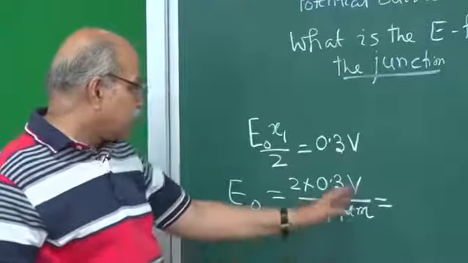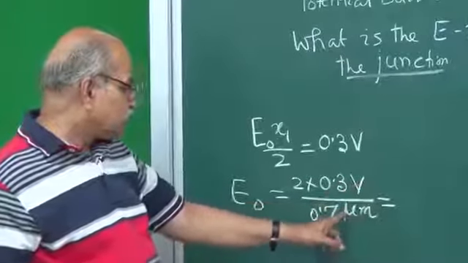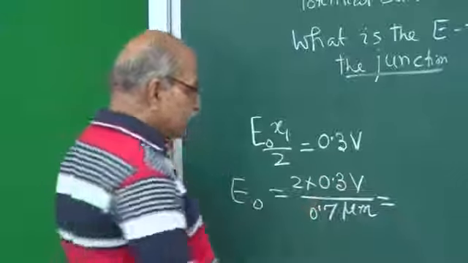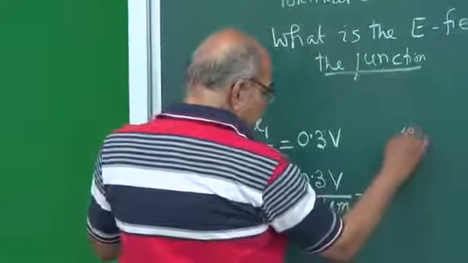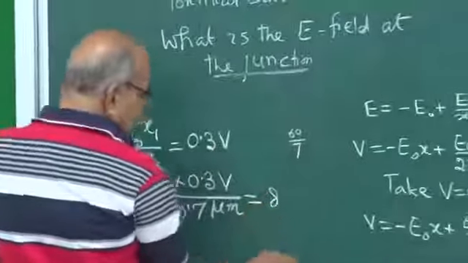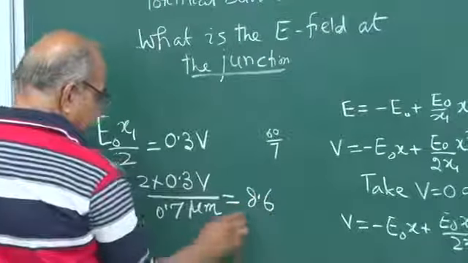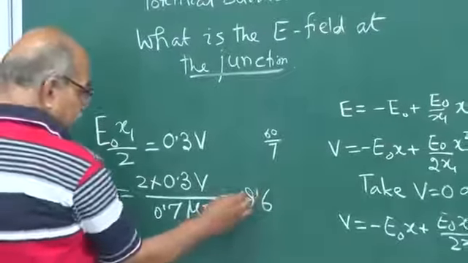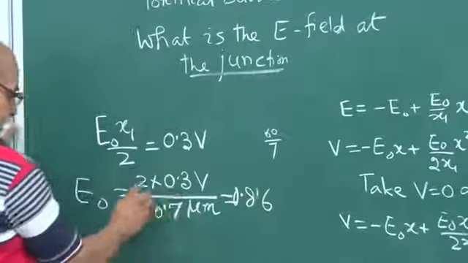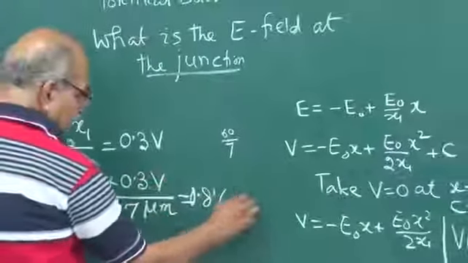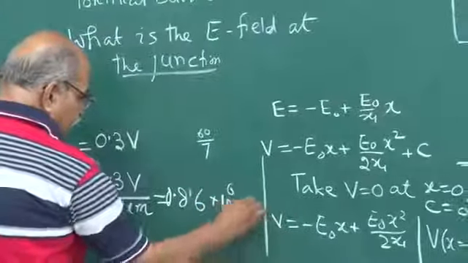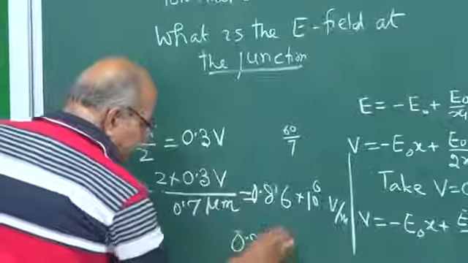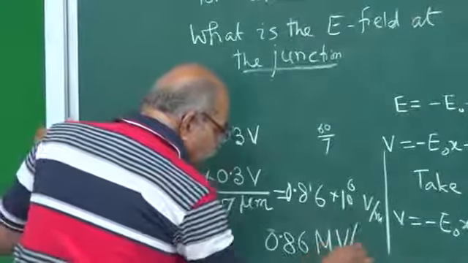So that is the electric field. You can write it in terms of volt per meter. This is 10 to the power 6 here, 0.6 over 0.7, that will be 60 by 7, that is 8.6, 0.86 in fact, into 10 to the power 6 volts per meter, or 0.86 megavolts per meter.